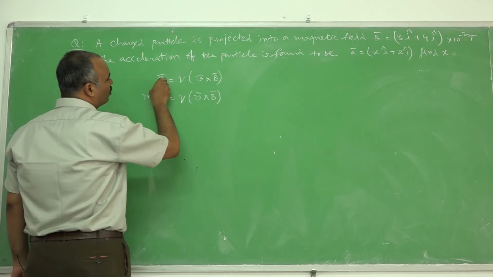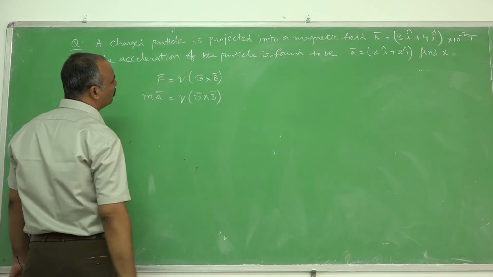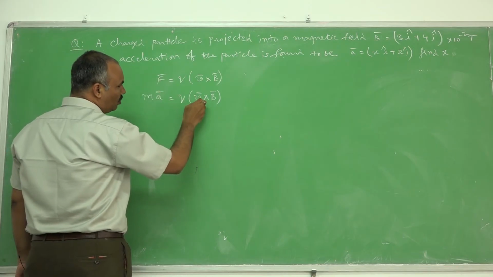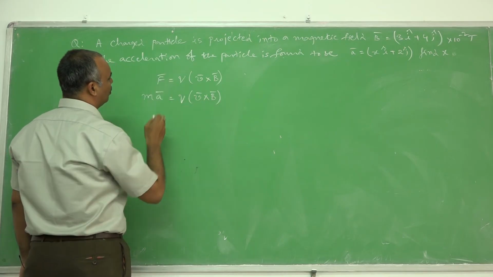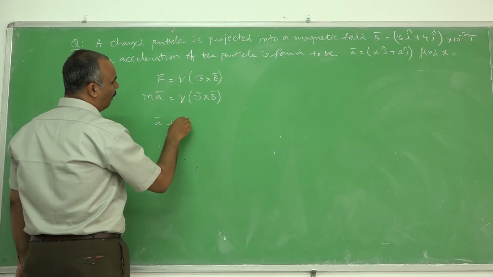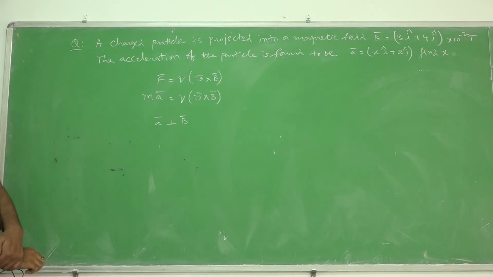The direction of force is perpendicular to the plane containing V bar and B bar. Therefore, acceleration will be perpendicular to the plane containing V bar and B bar. So, A bar is perpendicular to B bar.